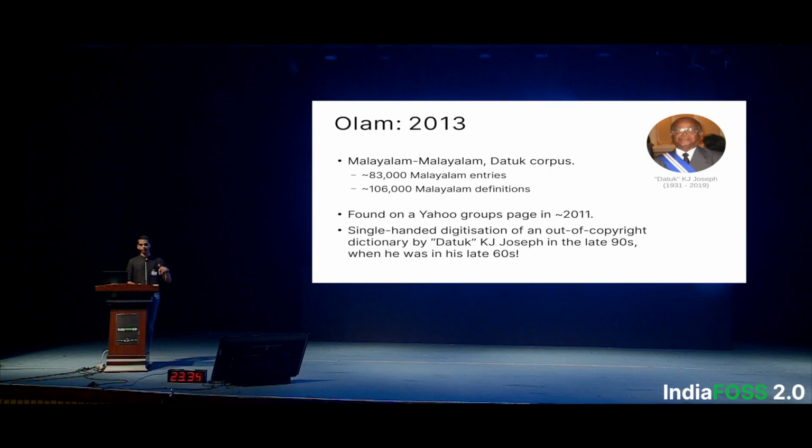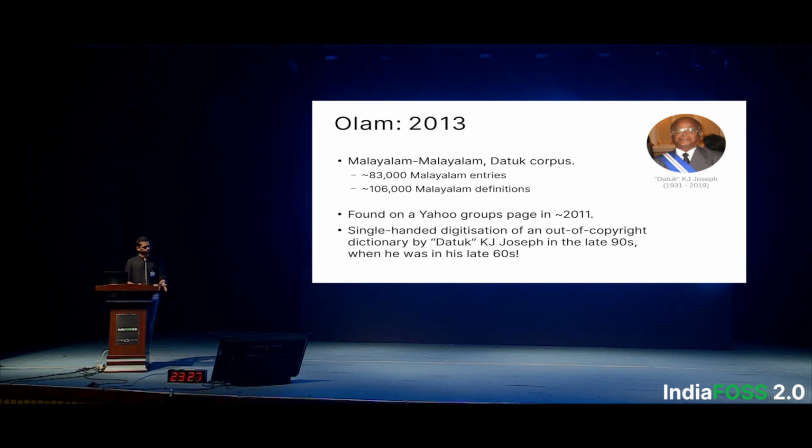But in 2011, because I was so interested in dictionaries at that point, after having built and launched Olam, I stumbled upon this RTF file, rich text format, a proprietary Microsoft Word document format, I think, which had thousands of pages of two-column dictionary data typed up.